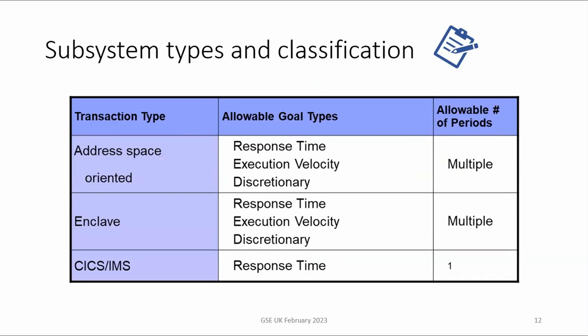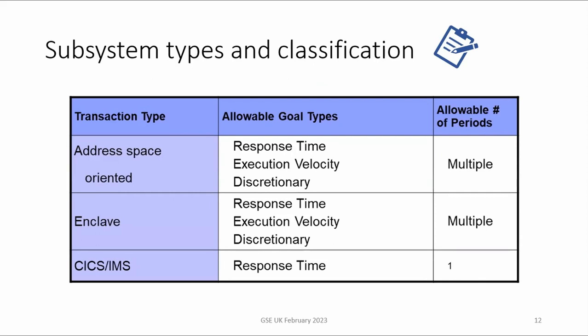Now, we had a long list of subsystems over there. They're not all the same. Some of the subsystem types are address space oriented. Some of the transaction types are enclave oriented, and some of the transaction types are CICS or IMS. They are special.